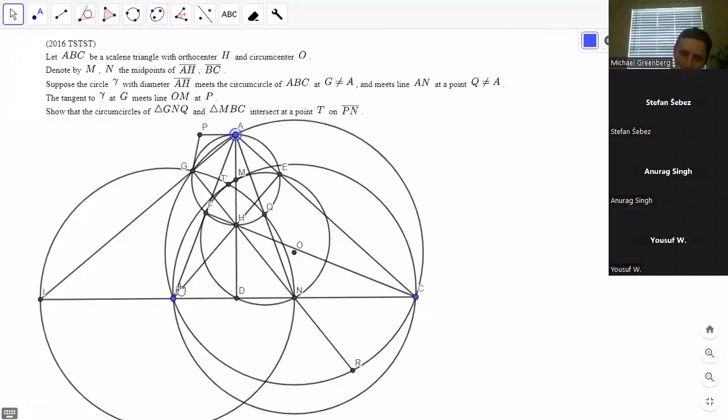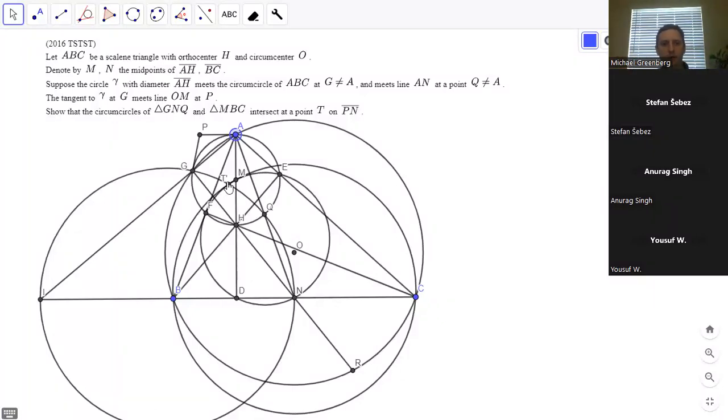Yeah, then Q goes to A, and AEF is fixed. I goes to D, and the 9-point circle goes to line EF. And yeah, it does look good. We need to think about where P goes.